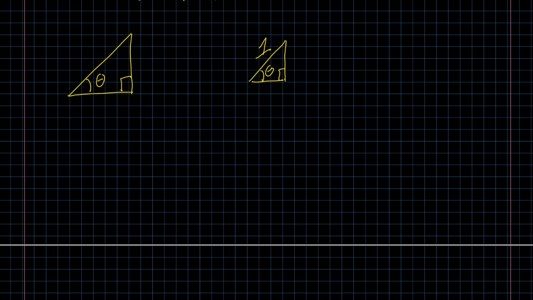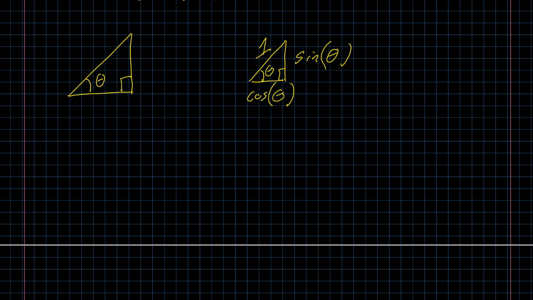And then we're going to name the other two sides sine and cosine. The names here are ancient Greek names that are completely taken out of context, so it's not worth knowing them as anything other than labels.